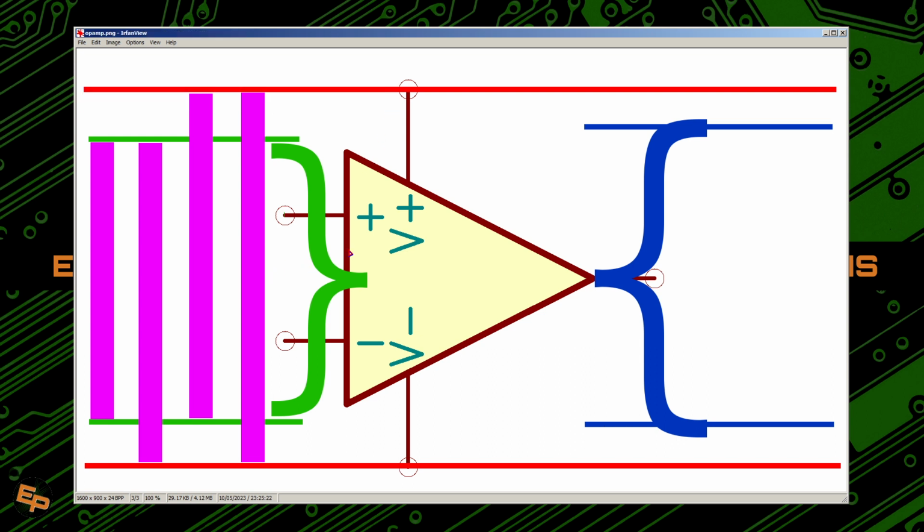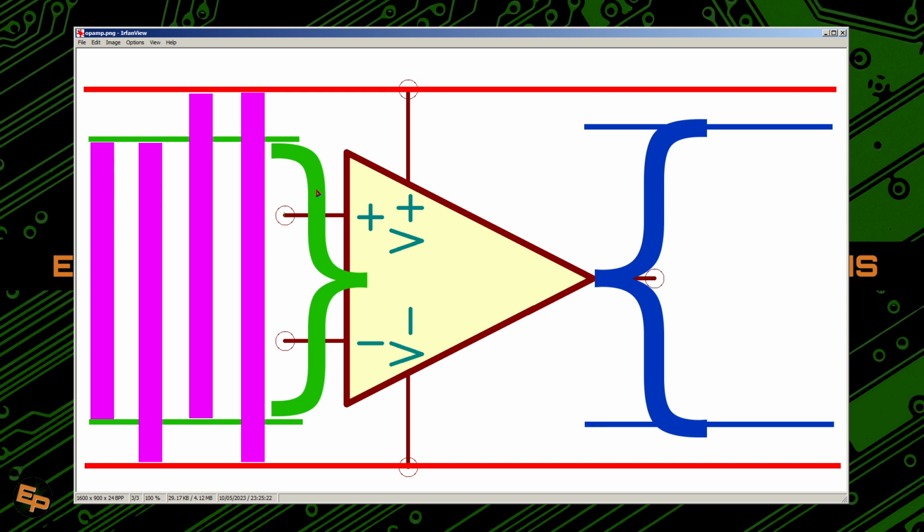Okay, and we can find ourselves in one of four potential cases. The first case: we need to make sure that the input voltages stay within these two limits, okay, because both limits are important.